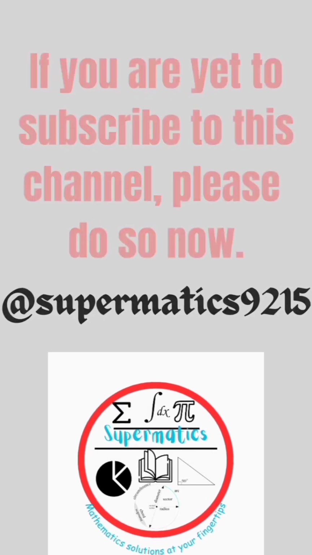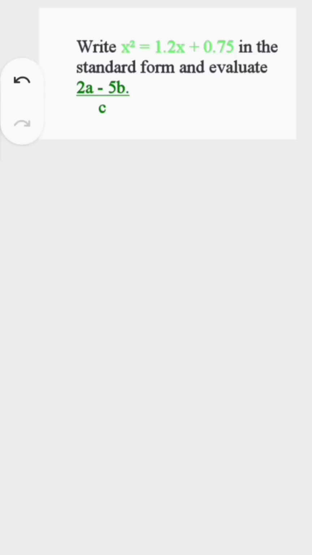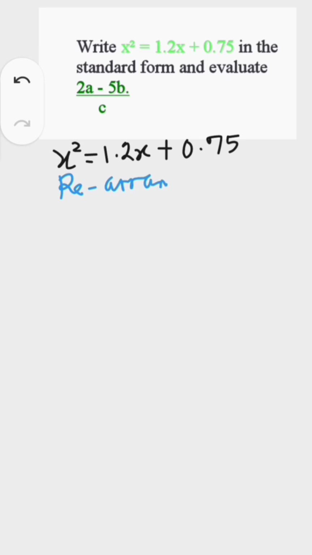In the second one, we have x squared equals 1.2x plus 0.75. We will first have to rearrange this. And by rearranging, we mean we subtract 1.2x and 0.75 from both sides.